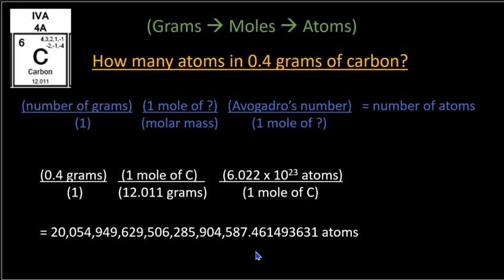I will at least request that they be reasonable. You don't have to go through and remember all of the rules, but if you take this mess and you put it into proper notation with significant digits, scientific notation, you will simply have 2 times 10 to the 22nd atoms. This is the type of answer that I should be seeing.